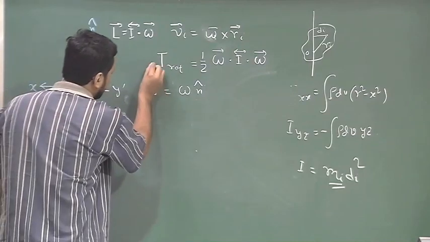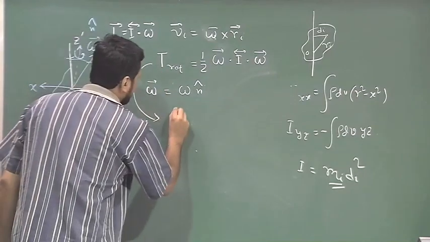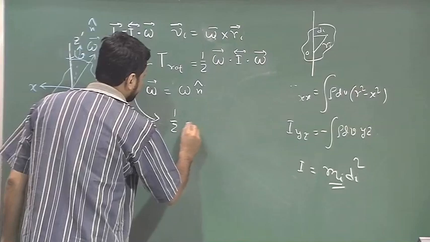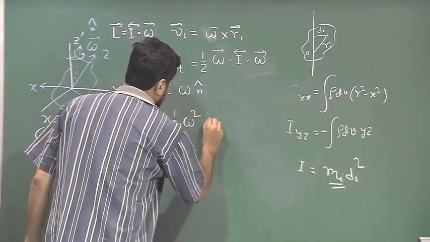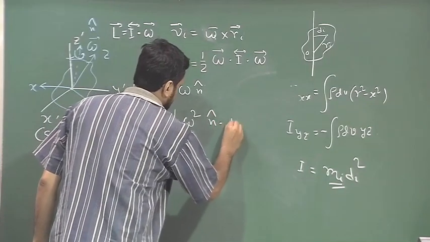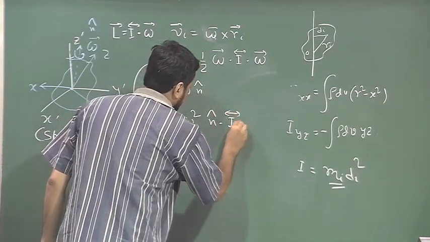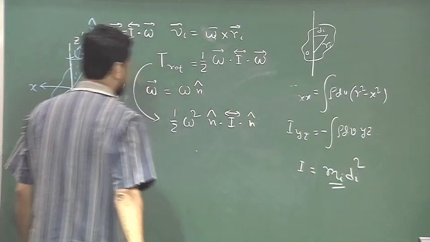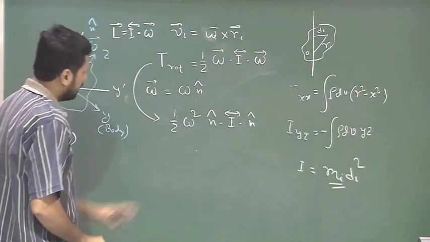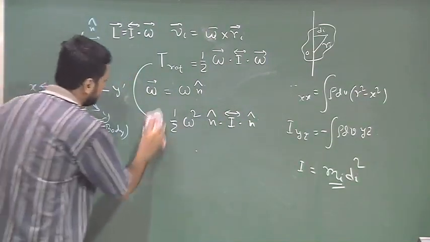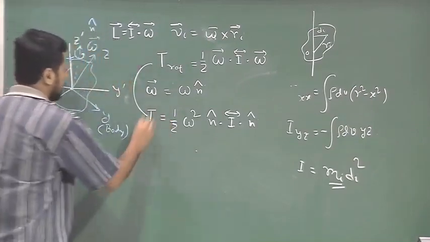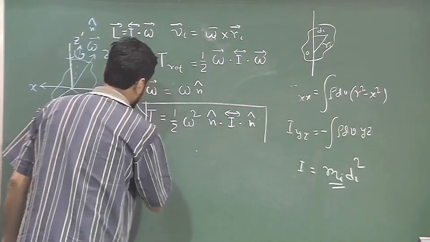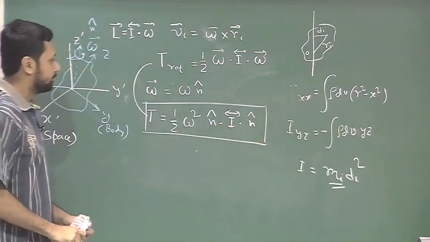So, using this, the expression for T can be written as half omega squared n capped dot I dot n capped, right. Now, keep this in mind. So, T is equal to this. This is one expression we have to keep in mind.